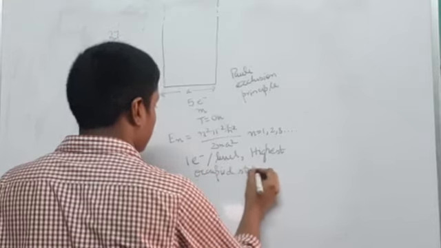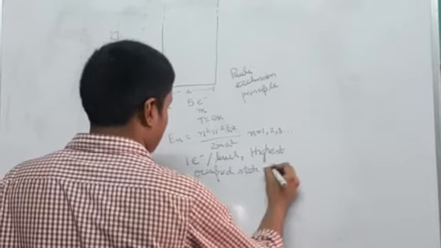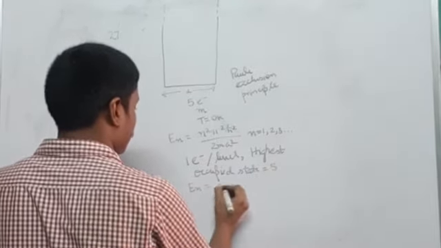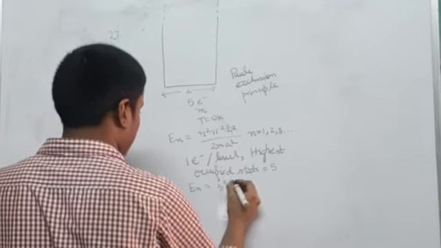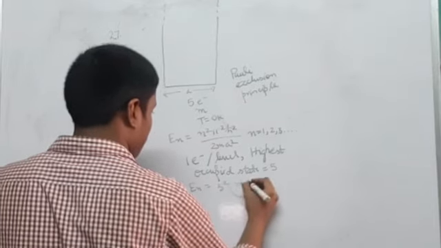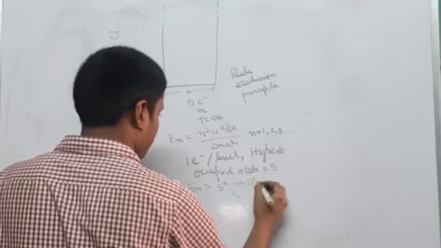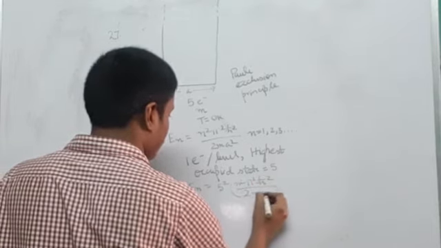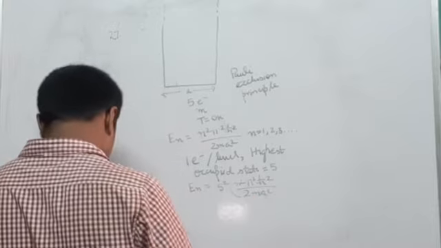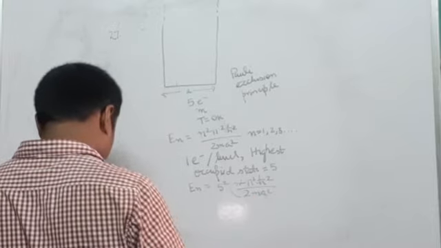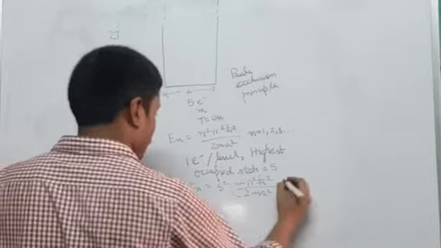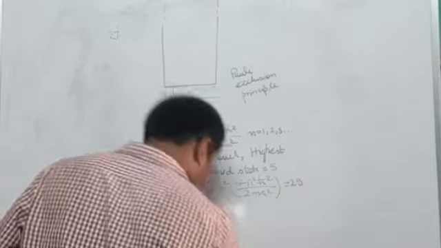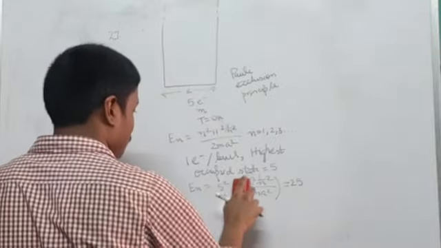Highest occupied state is 5, and therefore it would be 5 squared times pi squared h cross squared over 2 m a squared, and that will give you a factor of 25. I'm sorry, not n squared, because n is 5.